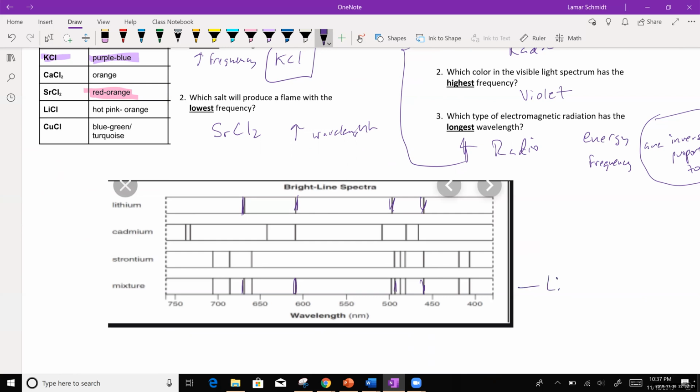If you look at cadmium, you see there's 2 lines here, nothing there. Does not contain cadmium, so that is out. And then if you look at strontium, it matches up, matches up, matches up. And so it also contains strontium. And that's how you do that.